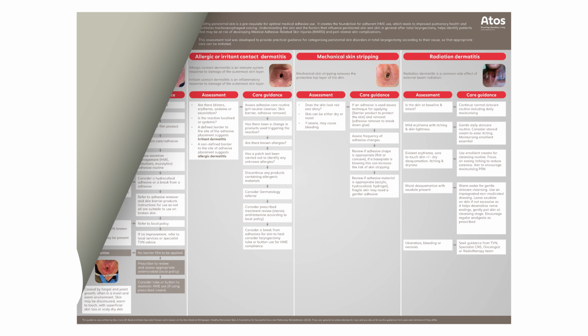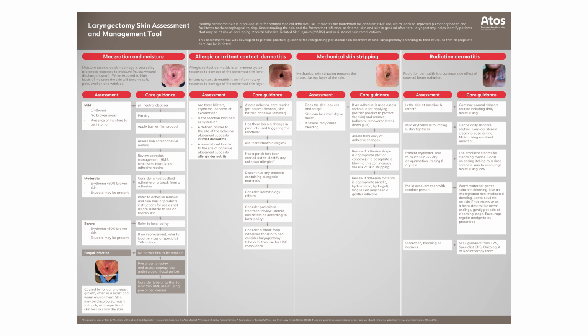In this video, we will briefly look at how the laryngectomy skin assessment and management tool can be used in practice. Here we have the complete laryngectomy skin assessment and management tool, which is a practical guidance for categorizing peristomal skin disorders in total laryngectomy patients according to the cause, so that we can initiate appropriate care.